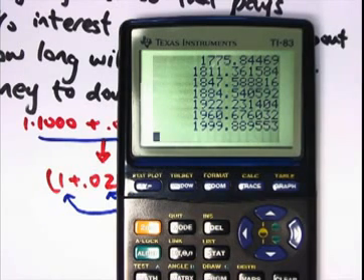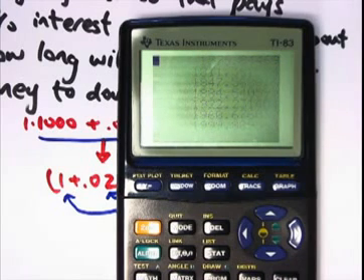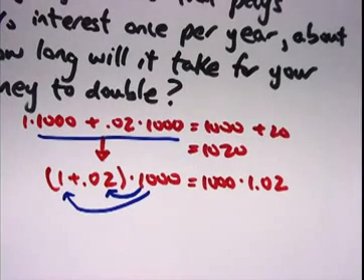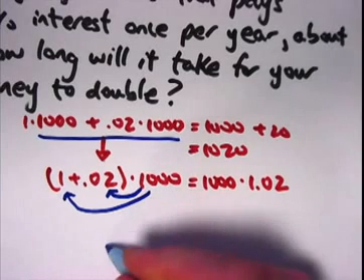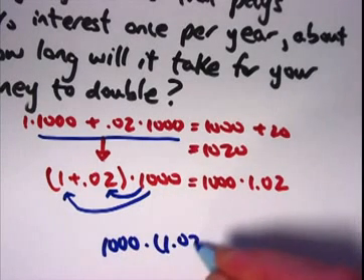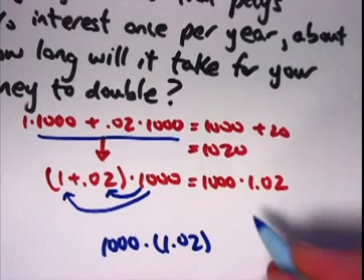Is there a quicker way to do this? Yes, with exponents. We just keep multiplying by 1.02 here. Why not think of the balance after a certain number of years as 1,000 times 1.02 to some power?